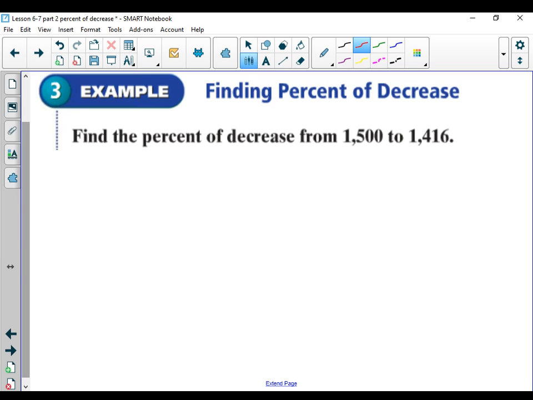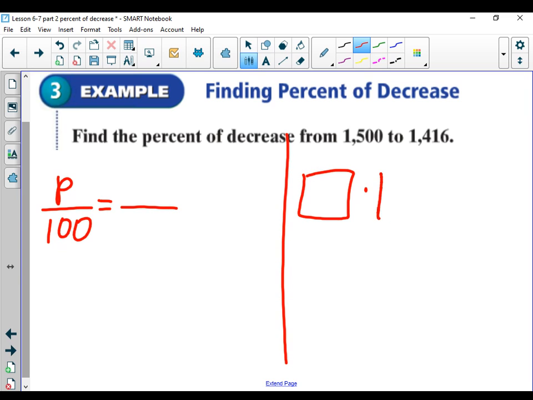And then their friend convinced them to get some Culvers and a new sled and some Caribou and, oh, look at those shoes. All of a sudden now they have $1,416. Find the percent of decrease. Decrease meaning you weren't saving money, you spent some money.